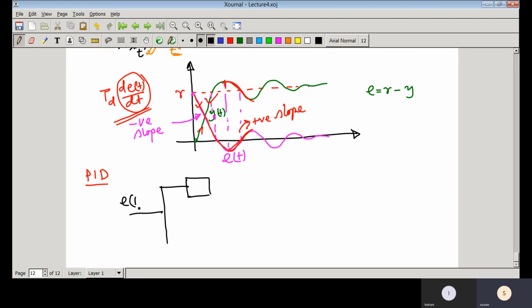Say this is the error signal e(t), and then this is Kp, the proportional controller, and here you have the integral controller, and here you have the derivative controller. So now I have put that Kd, that is called the derivative controller gain.